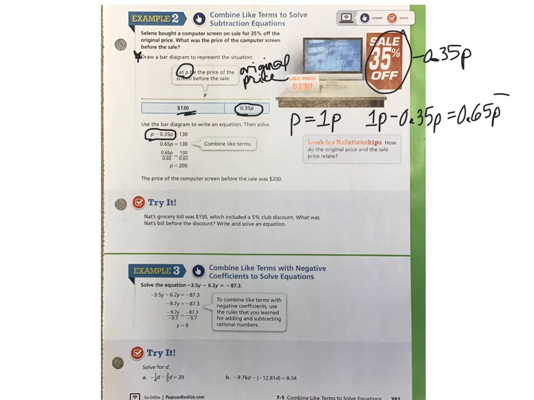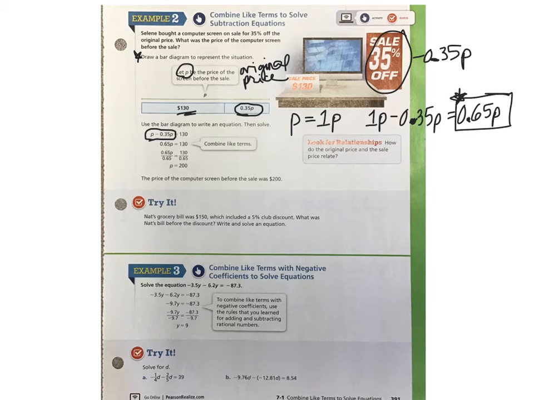Now, when we discussed this in our previous topic, remember that when you take away the sale amount in percentage form, what's left is the balance that you're actually paying for. So what this problem is saying is, if I get 35% off the price of an item, then I'm actually paying for 65% of the original cost.